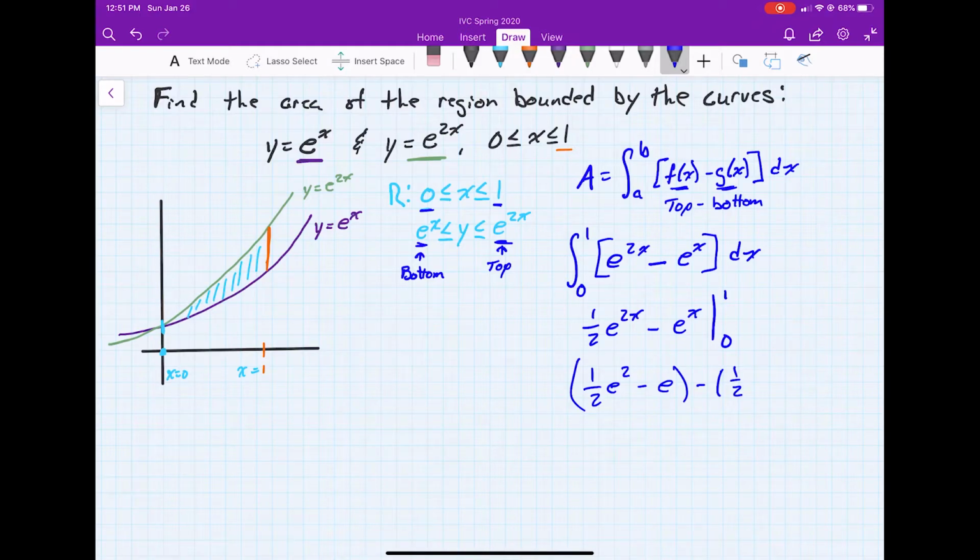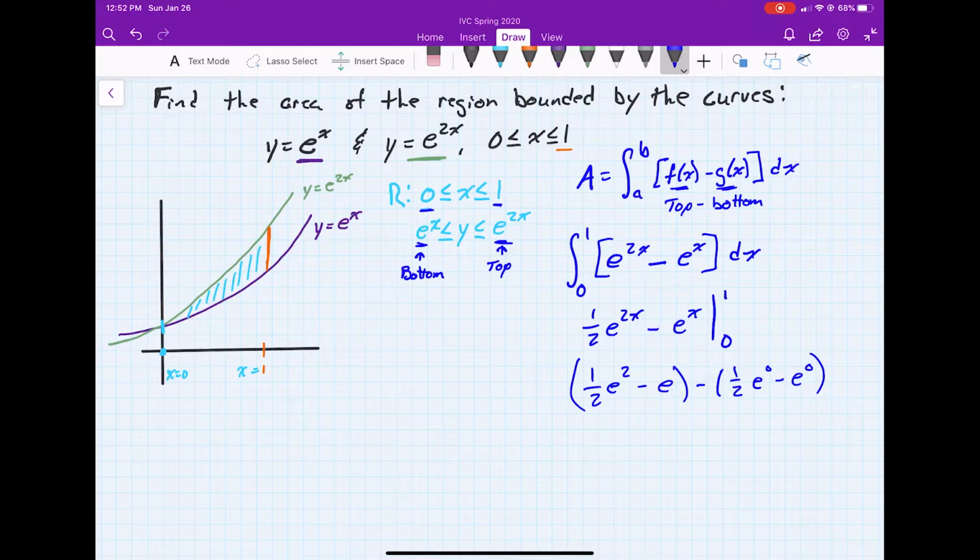We're going to have minus 1/2 e to the 0. Now this is important to put down because e to the 0 is actually a different number. It's not 0. So we have 1/2 e to the 0 minus e to the 0. And as we should remember, e to the 0 is equal to 1.